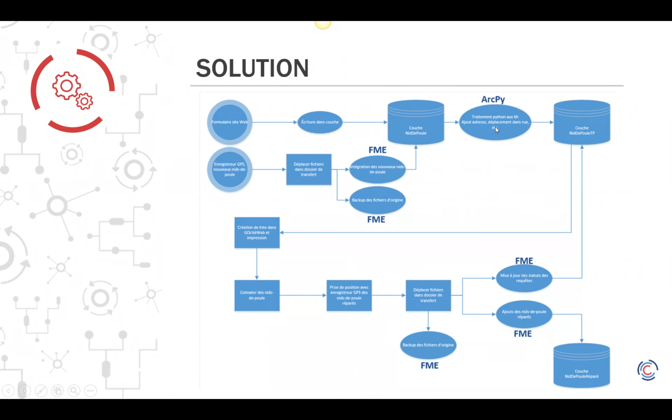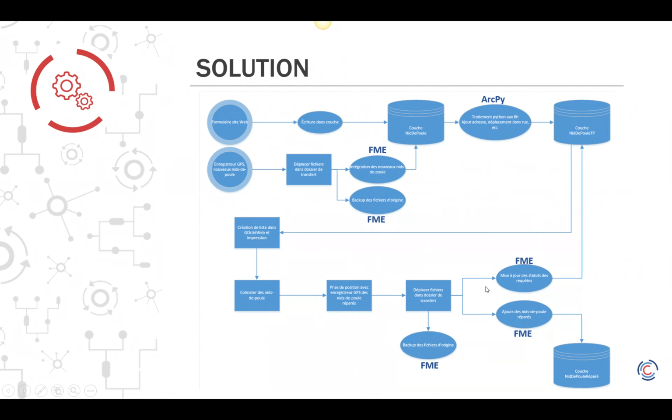Then there are some ArcGIS processes that happen here to help generate the work order management layer, where the assignments happen and the work gets assigned, and they create a list of potholes to fill for the staff, who then fill the potholes and capture with a GPS the potholes that they filled.